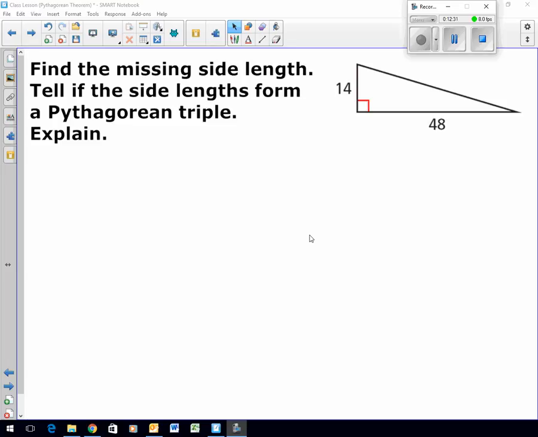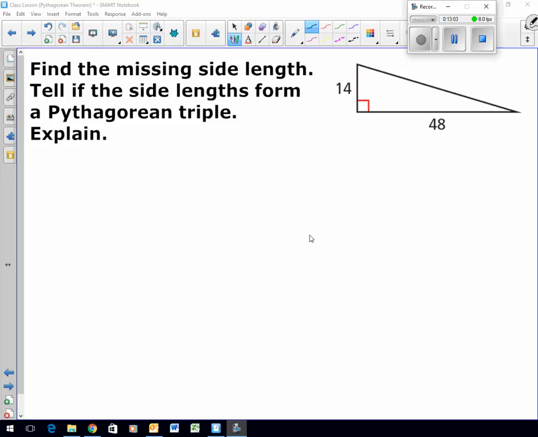Guys, first off, you got to get this process down. What side am I looking for in this triangle? The hypotenuse. Got to identify the hypotenuse. Always start by identifying what side is the hypotenuse. Say it again. Start off each of these problems by identifying the hypotenuse.